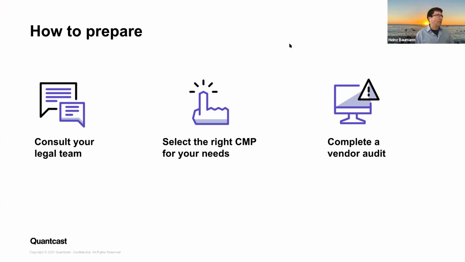And then you want to look at which CMP is right for the needs that you have. So that's a key thing. Probably in consulting with the legal team, you need to select the right CMP for your needs, and you should do a vendor audit to check who the vendors on my page are. Do I need all of them, or are there some that we can drop? And then that will translate into which vendors you need to expose.